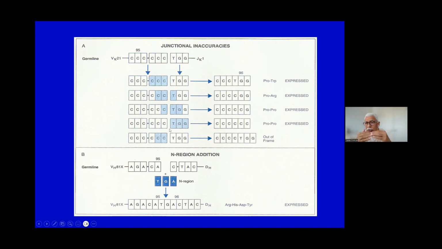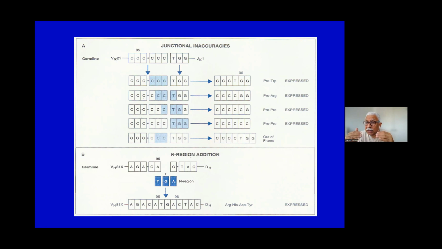And of course, during the joining process, there are all kinds of inaccuracies that occur, so you'll have all this variability. If you think about what's happening in the B cell, there are millions of pre-B cells present in the bone marrow at that time. Each one is undergoing some random recombination. There's a theoretical possibility that 2 separate B cells will undergo V5 and D2 recombination.